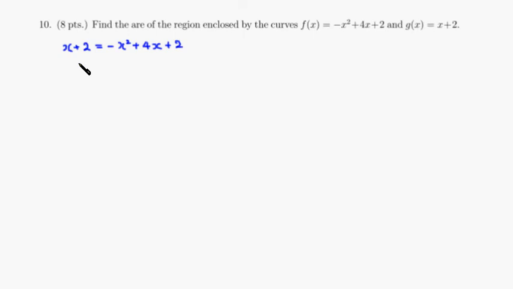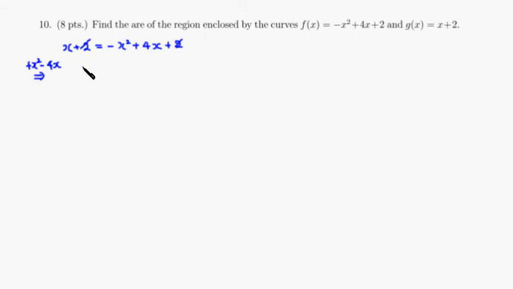I'm going to put everything on the left-hand side. So add x squared so that I can move this over to the other side, then subtract 4x so that I can move 4x to the other side. And I'm going to cancel the 2 on both sides.